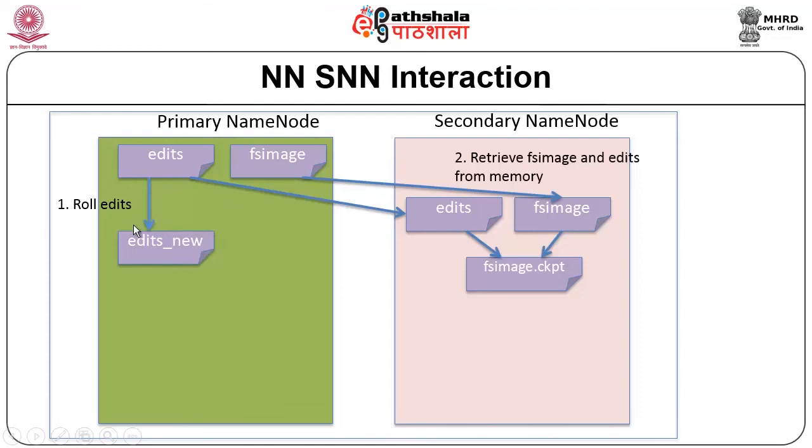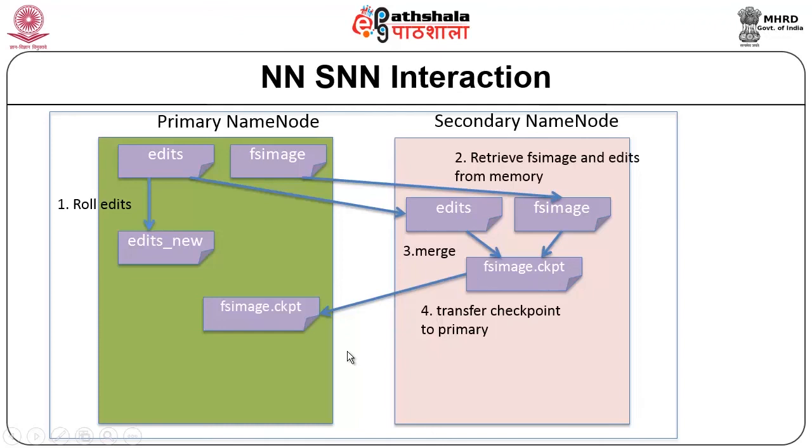So, whatever has happened before this particular log started will be present in the FS image checkpoint, and then it will send the new FS image checkpoint back to the primary name node. Now, the primary name node has the new FS image, and it converts the edits new to the current edits and the FS image checkpoint to the current FS image, and it continues normally.